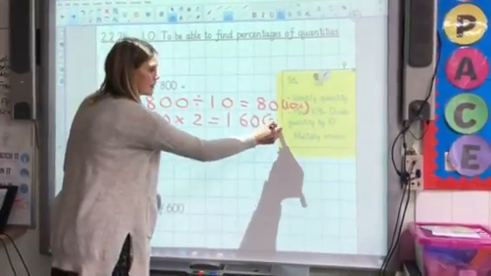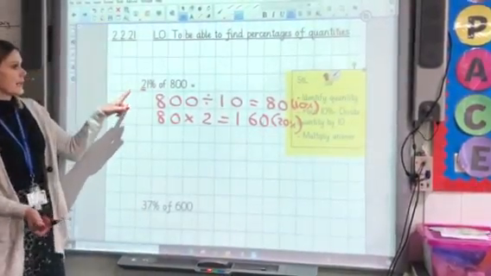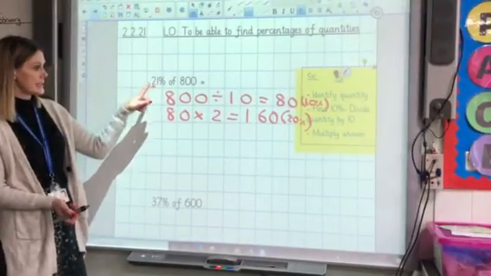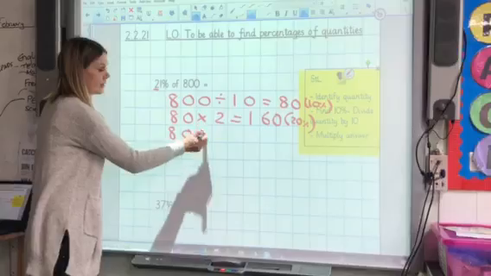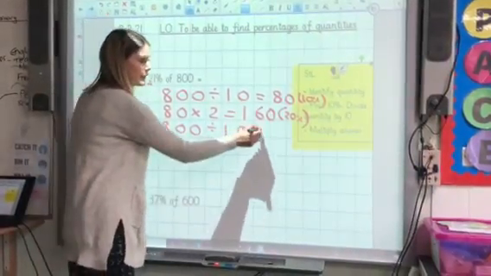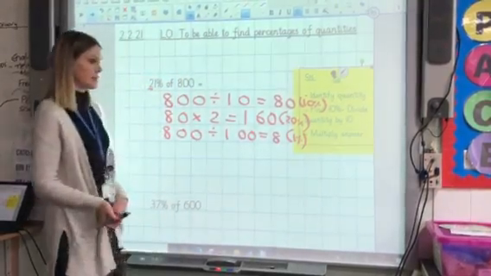And that is my 20%. I now need to find what 1% is, because I've already got 20%, but I need to know what 1% is. So I'll go back to my original number of 800, and I divide it by 100, okay, which leaves me with 8, and that is 1% of 800.